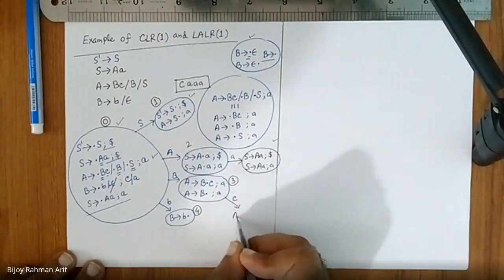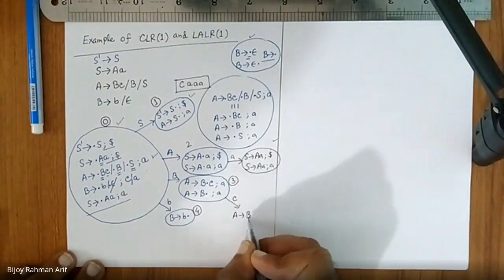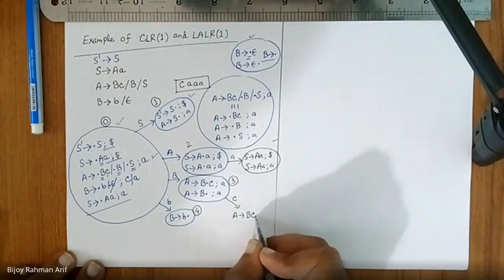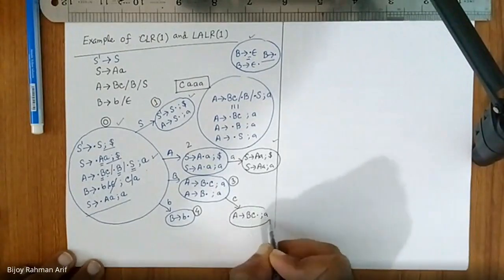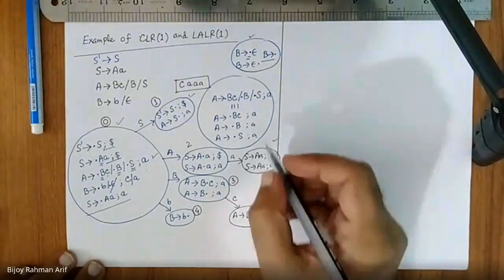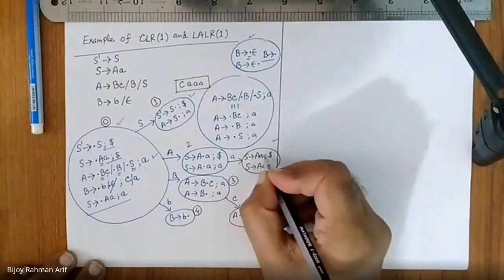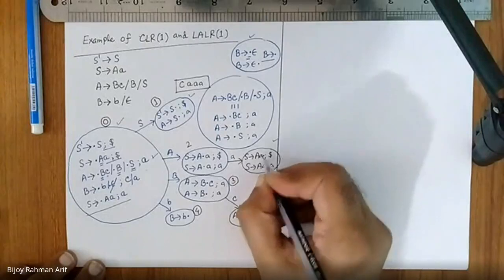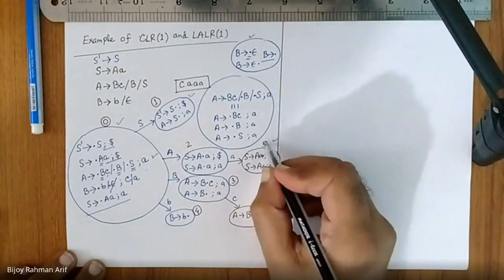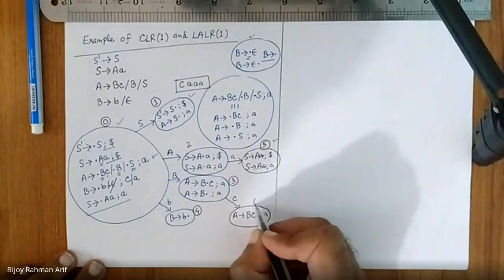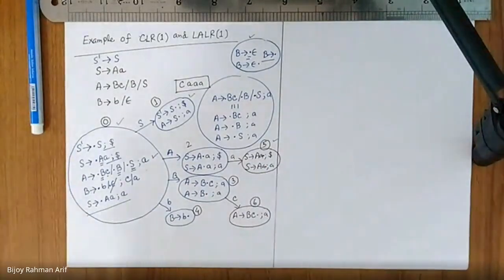So A derives B C dot, and we are done. So here we have a final item. Five, six. Now this is the state transition diagram.